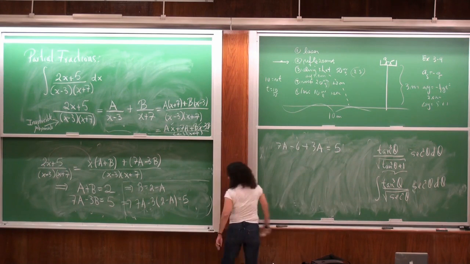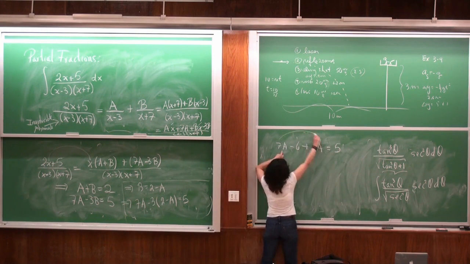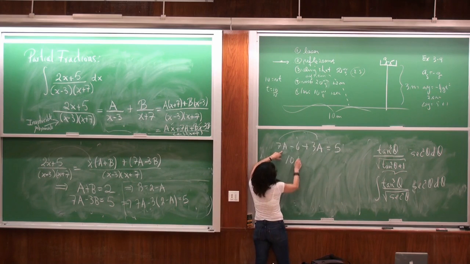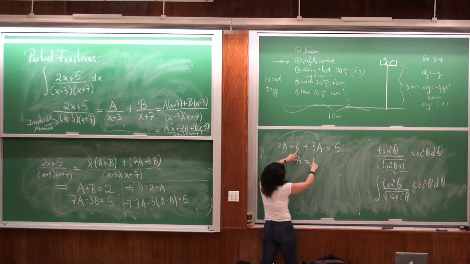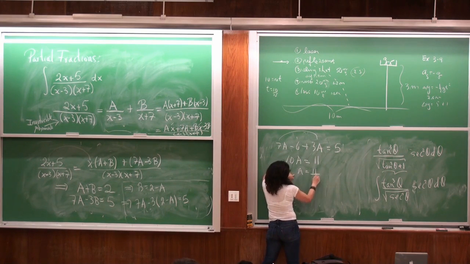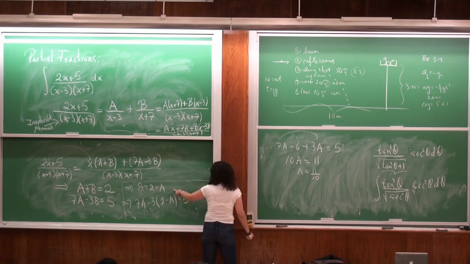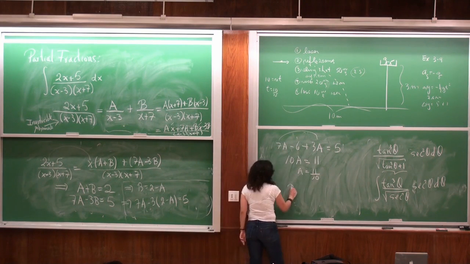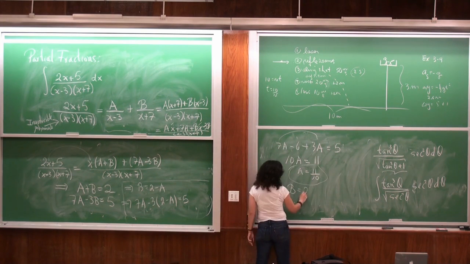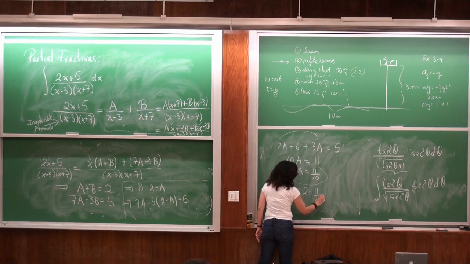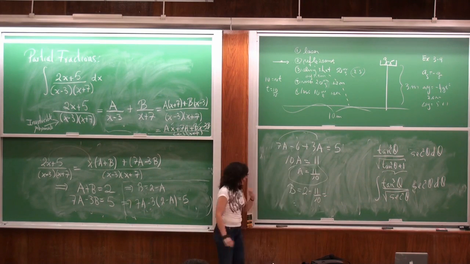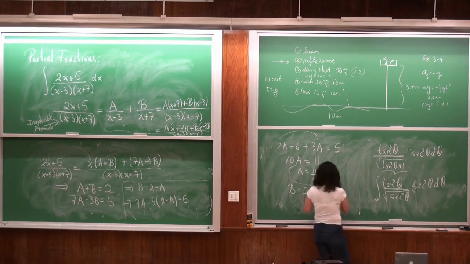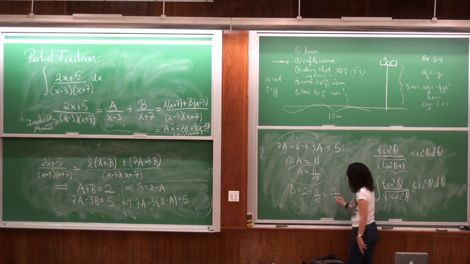So 10A equals 11, so A is 11 over 10. And B is 20 minus 11 over 10, which is 9 over 10.